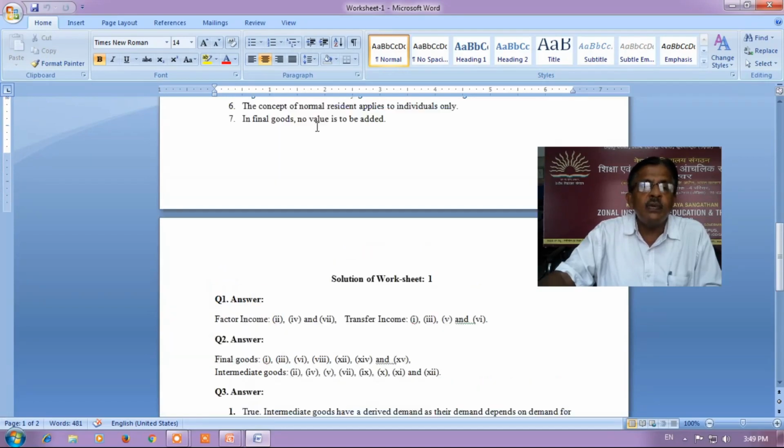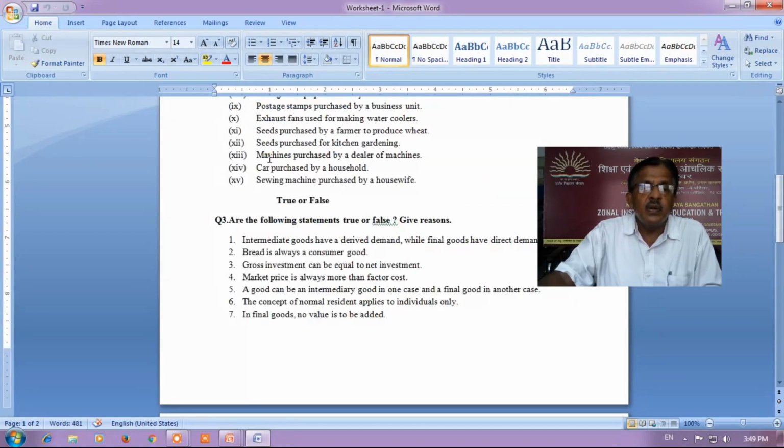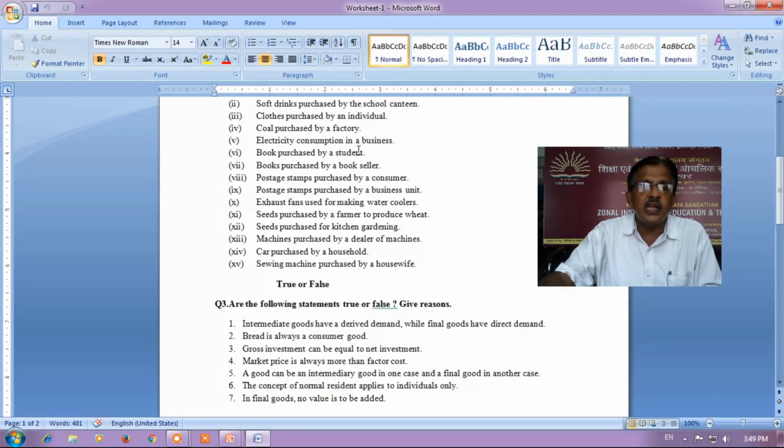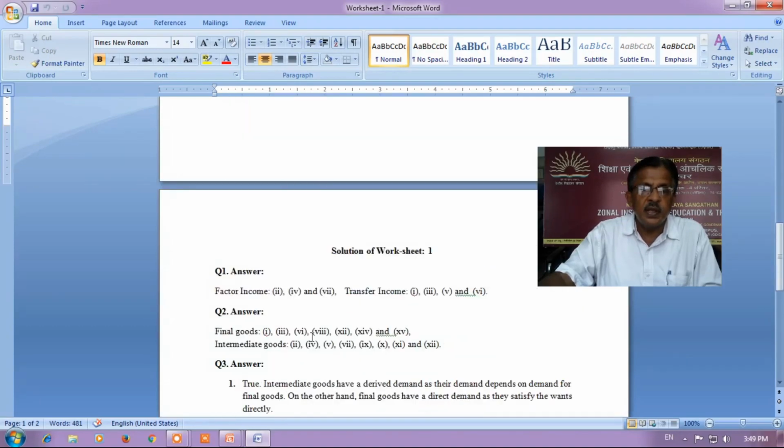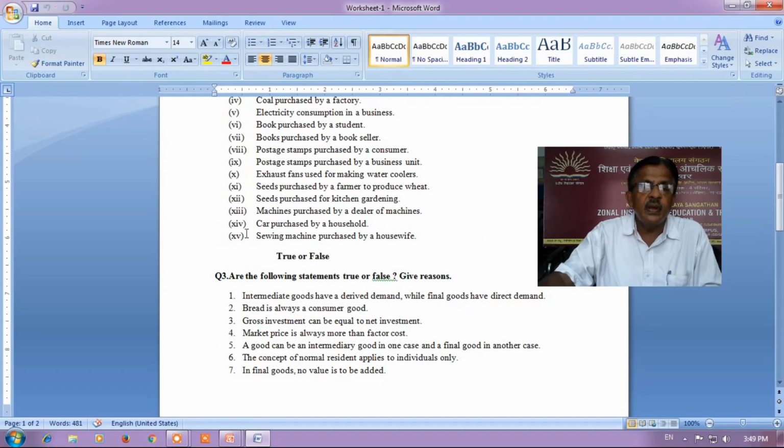Then 12, seeds purchased for kitchen gardening, that is a final good. Then 14, then 15. 15 is also a final good, sewing machine purchased by a housewife.